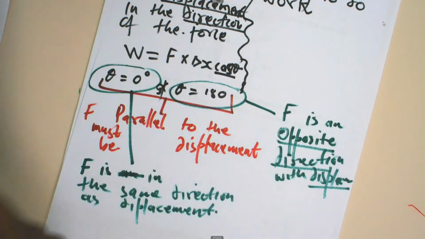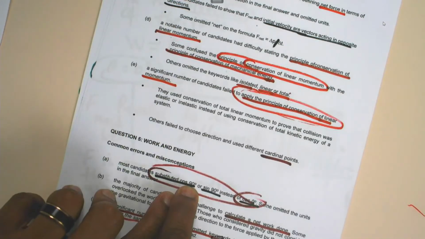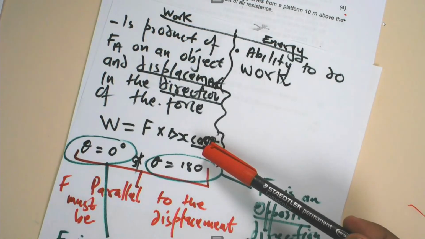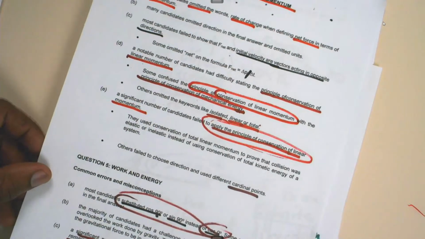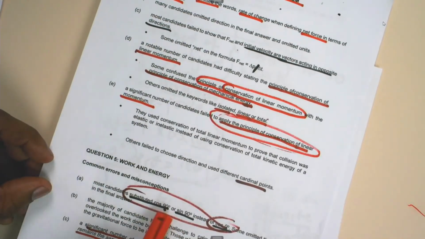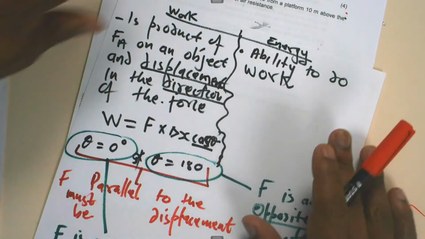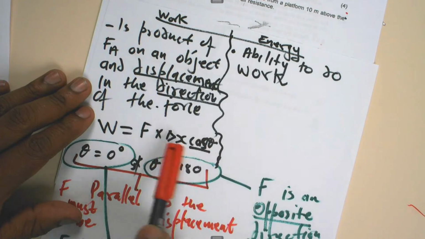Because the issue of cos of 90, it's us saying if we substitute 90 into this equation, everything now becomes 0. So it's a misconception that all the time when we are working with forces that are vertical, we need to substitute cos of 90. That is not true, because we need to check the direction of the force as well as the direction of the displacement.